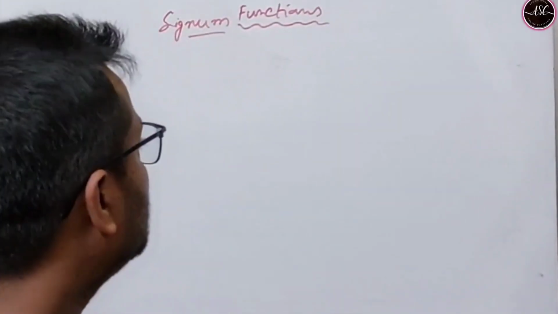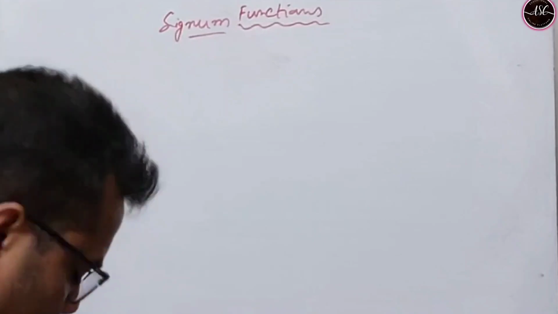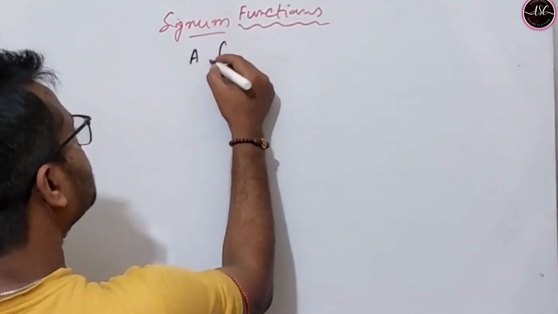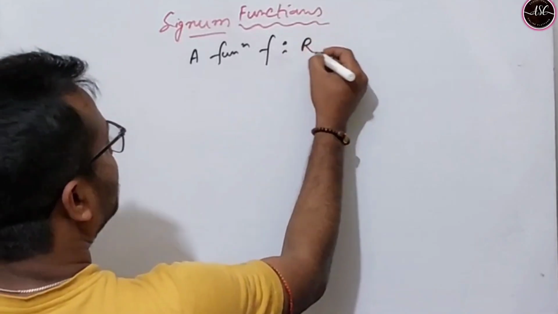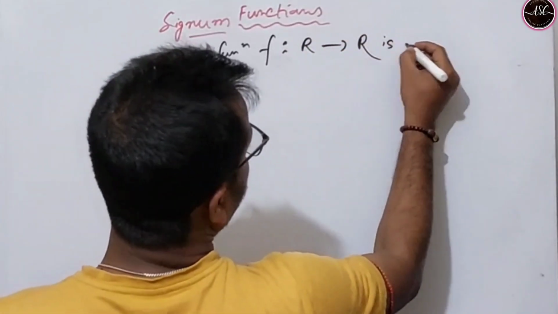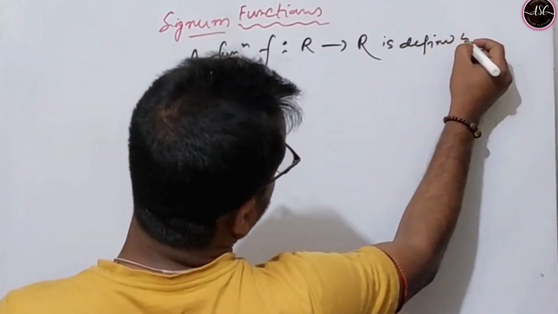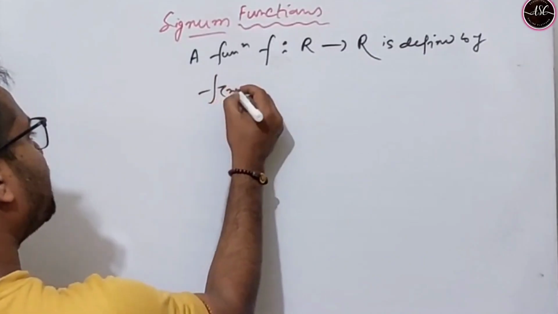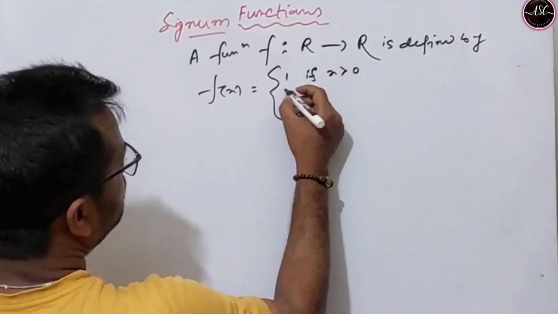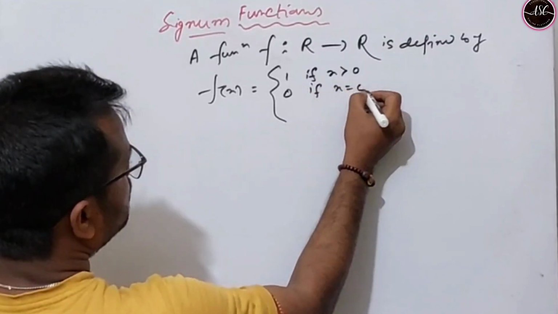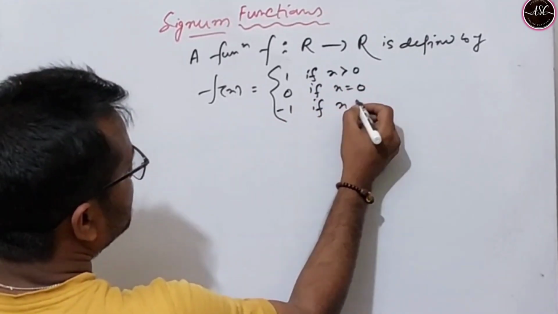Clear? We are going to learn about the Signum function. What is the Signum function? A function f from R to R is defined by f(x) equal to 1 if x is greater than 0, 0 if x is equal to 0, minus 1 if x is less than 0.